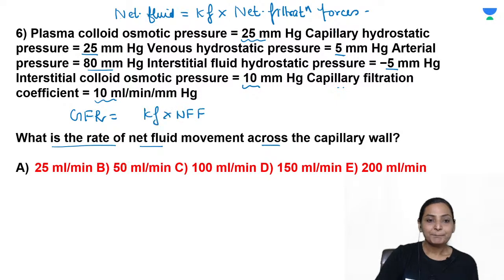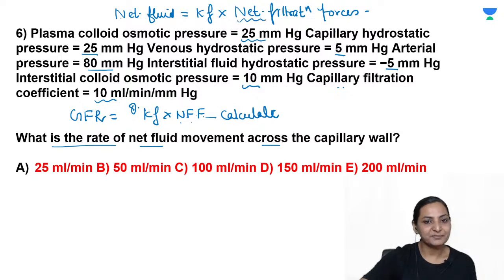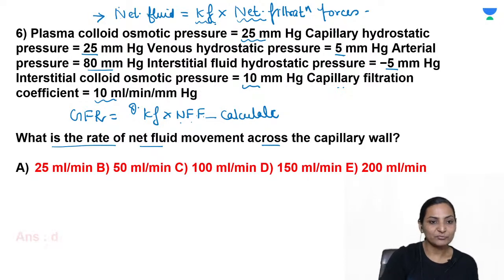Normally you get a calculation of GFR, and here you have to calculate the net rate of fluid movement. The filtration coefficient is given, but net filtration forces are not given directly. You have been given the values, so you will first have to calculate the net filtration forces, and then, with the filtration coefficient, calculate the net movement of fluid.